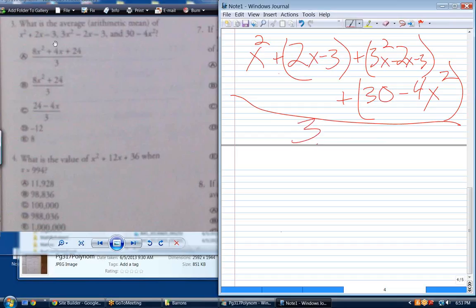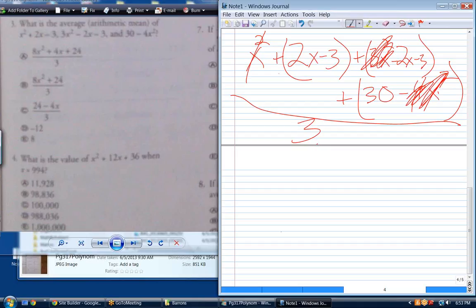And if we look at our answers, we can see that some of the answers have x in them. So everything needs to cancel. How many total x squareds do we have? You have x squared plus 3x squared, that's 4x squared, minus 4x squared. So they all cancel to 0.